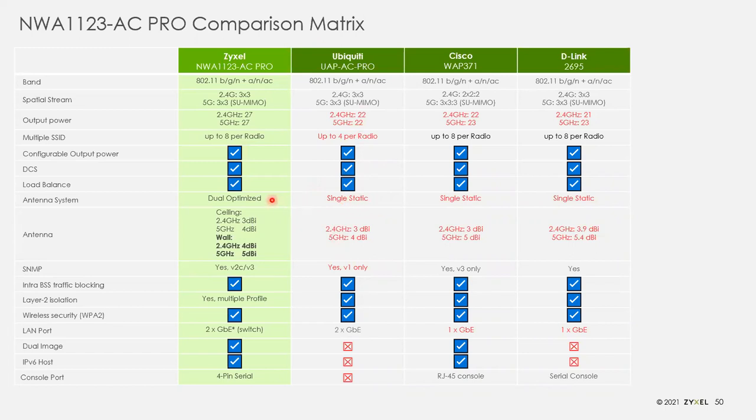Ours has dual optimized antennas, higher antenna gain, and the ability to use SNMP v2c and v3. Ubiquiti doesn't offer that. The free cloud management platform, Ubiquiti doesn't offer. The zero config installation, they don't offer that. So it is a very, very compelling argument, I would say, to use our AC Pro versus the Ubiquiti AC Pro.